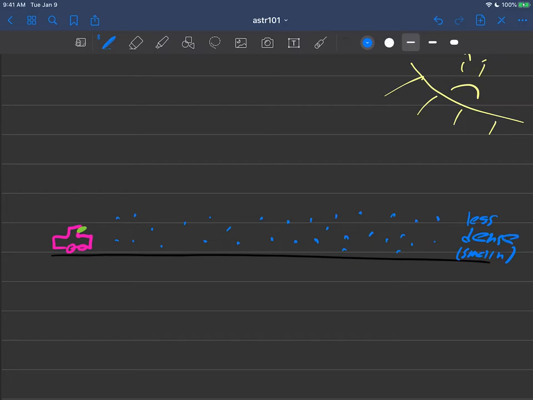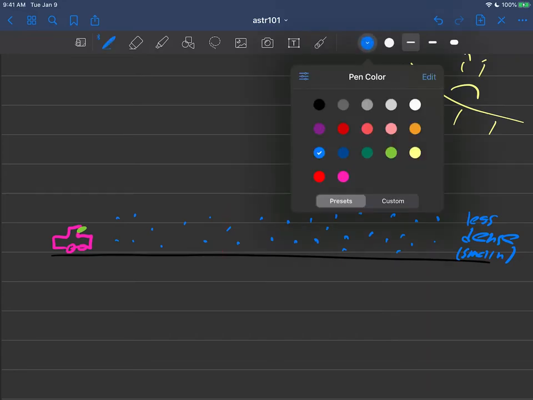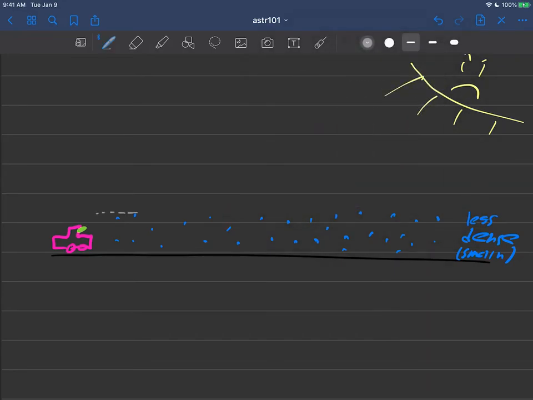Okay. Now what happens is, of course, this isn't the only air in the room, but as you get a little further from the road, and this strictly is not exactly what happens, but I'm just going to draw a little dividing line here to go, okay, that's that layer of air. It's close to the road, it's warmer, it's less dense, but let's start moving away from the road now, where the air is going to get a little cooler because it's not so close to that hot road anymore.